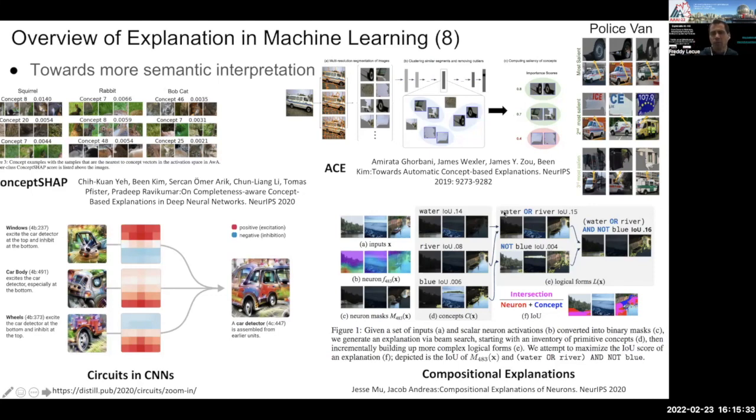And some work at NeurIPS, I think a year ago, called compositional explanations, which is built on top of the MIT papers, which now try not only to label a neuron, but to find a compositional description of a neuron. Their thesis is that a neuron should not be only one label. There might be a composition of negations, conjunctions, and disjunctions.